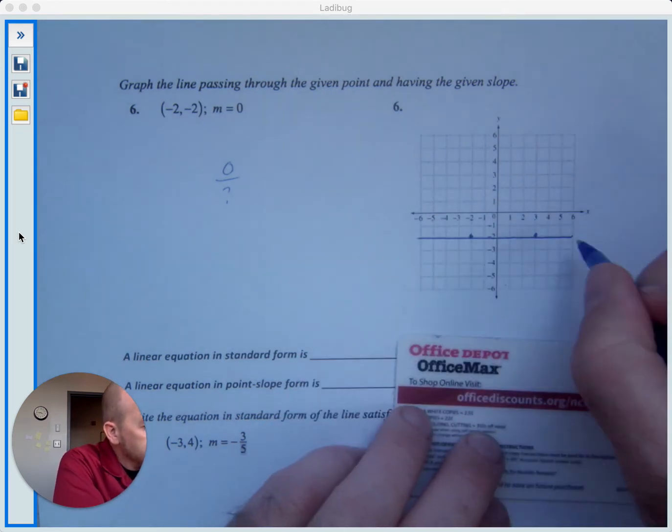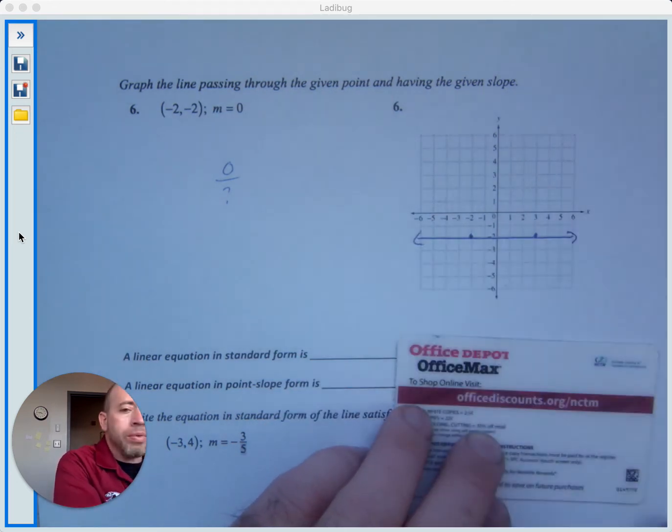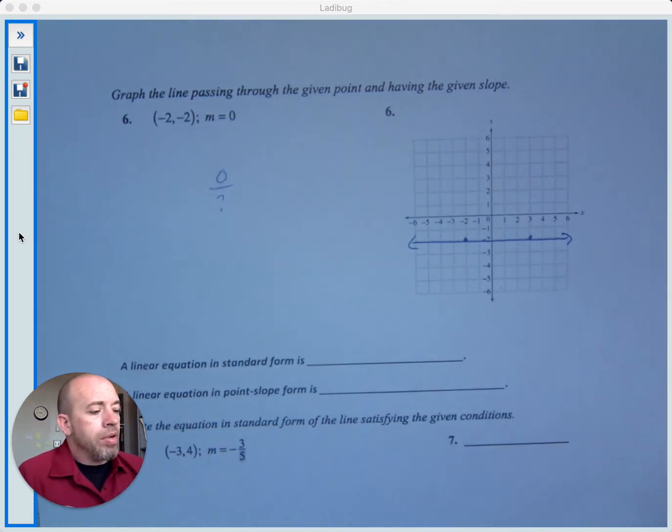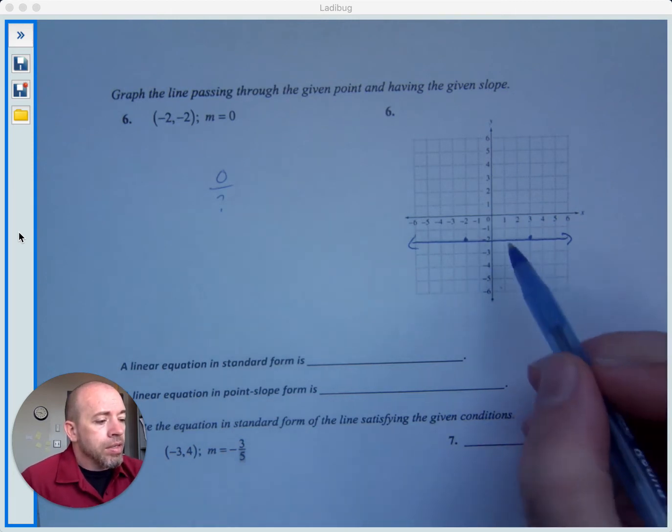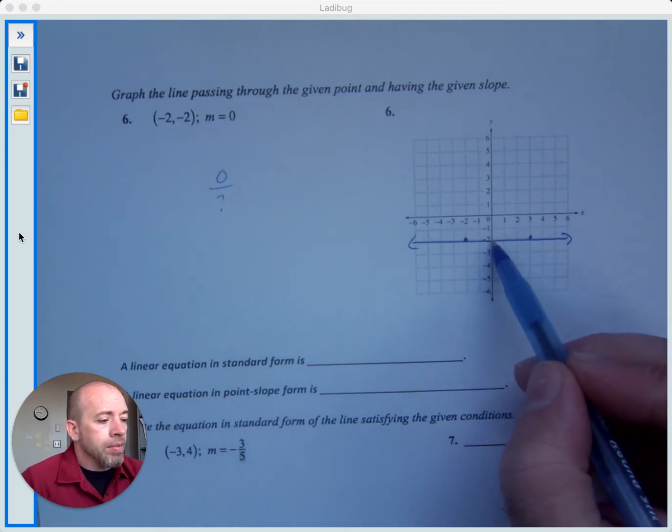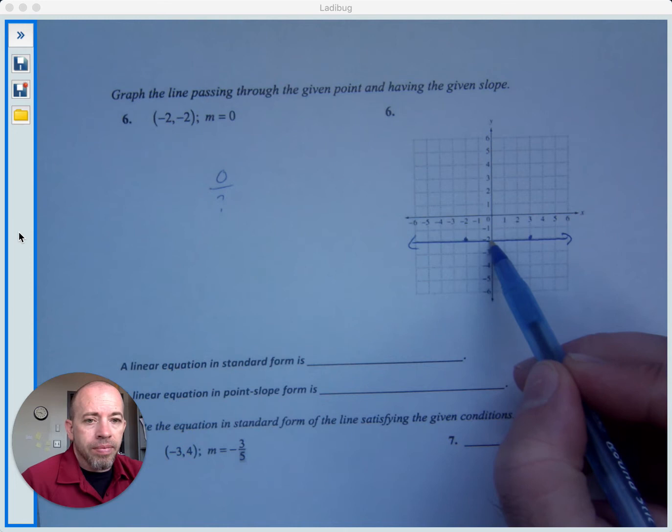Now, as an extension here, if you wanted to know how we would write this equation in slope-intercept form, well, what is the intercept? The y-intercept looks like it's -2, doesn't it? And the slope is 0.